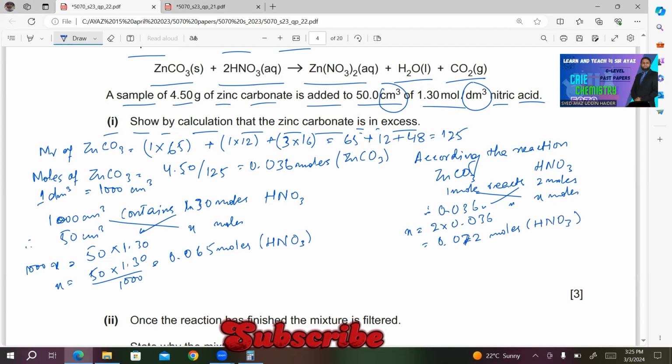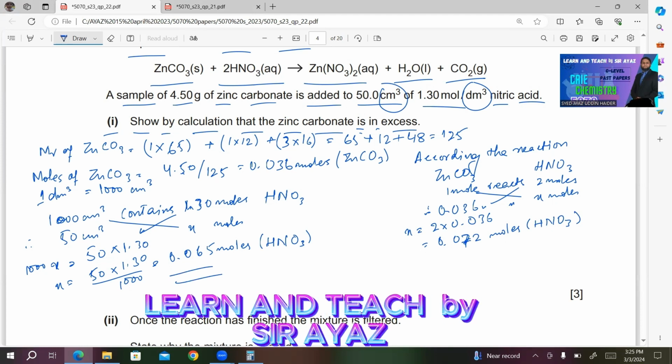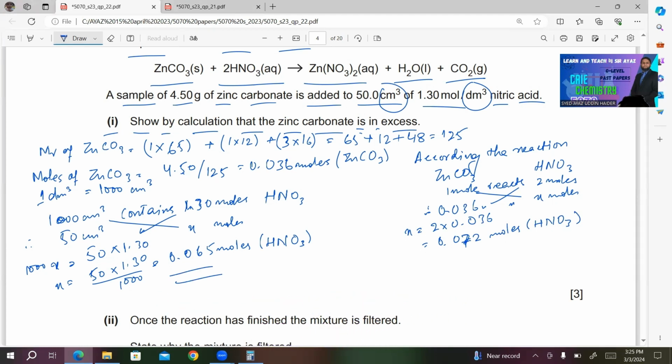Now compare these moles with the moles obtained. These moles are higher, which means we need a higher number of moles of HNO3. The requirement for the moles of HNO3 is higher than the one given. So it must be limiting. Hence it is proved that zinc carbonate must be in excess.